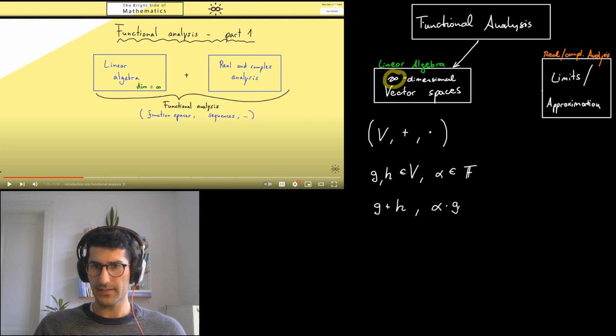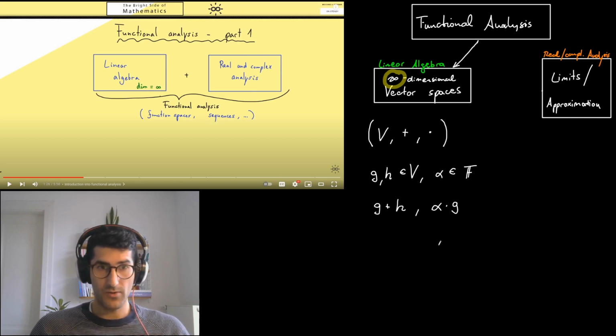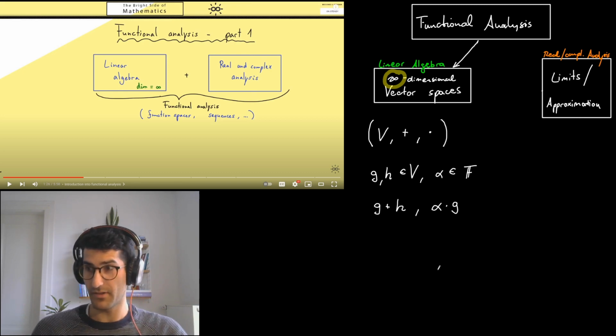Infinite dimensional vector spaces. Let me give you an example that we're going to study in today's session. In the video, there was already the mention of function spaces. So let me give you an example of a nice function space.